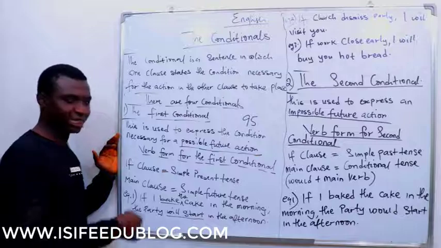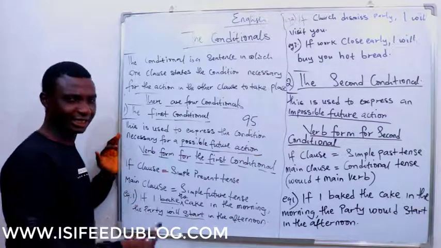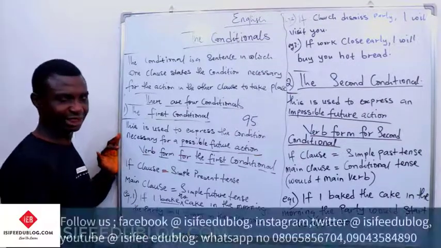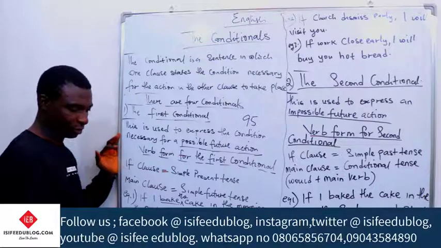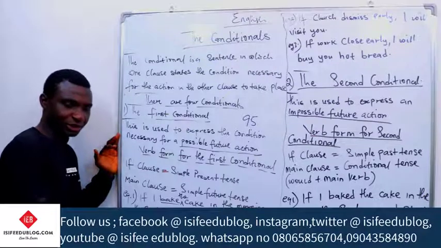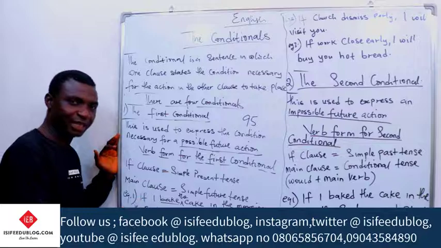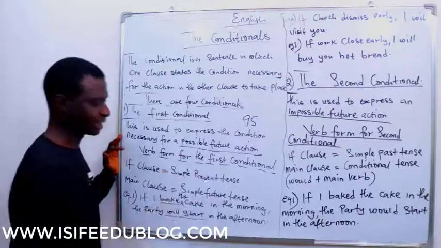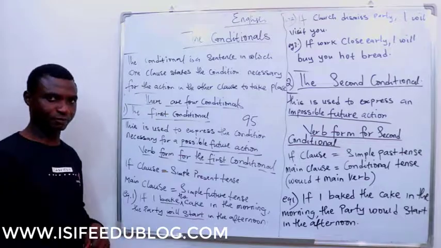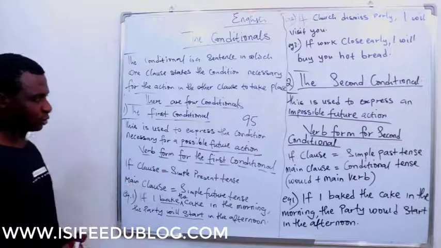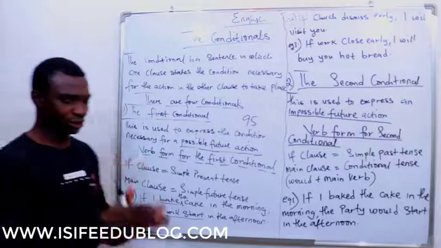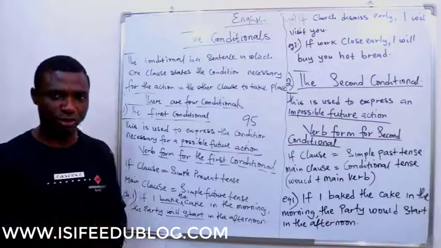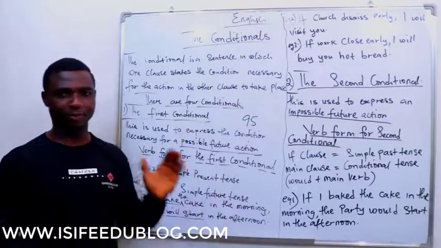C, the speaker is not sure of baking the cake in the morning and starting the party in the afternoon. From this explanation, you know that option B is correct, because the speaker is sure of baking the cake in the morning so that the party will start in the afternoon. That is the first conditional. We use it when we are sure the event will take place.